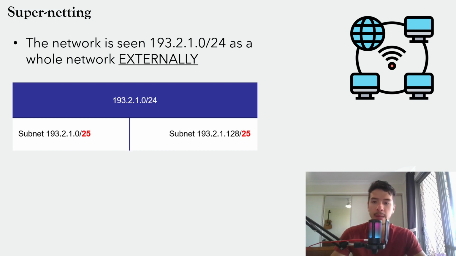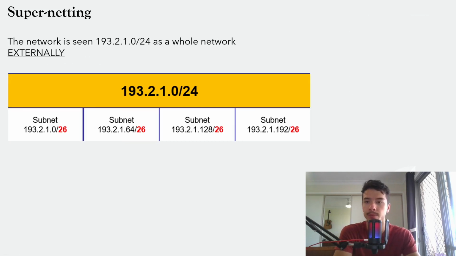That puts you at 256 potential addresses, which is a full network. That's the route that's going to be visible on the router. So the network is seen externally as a whole network, rather than these subdivisions. We'll go into how it's done, but give us a second.